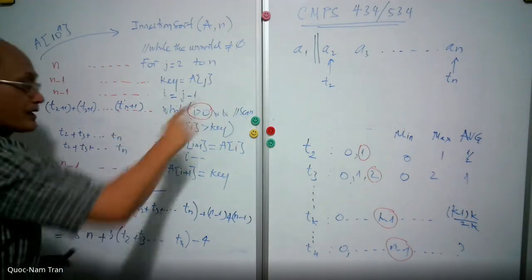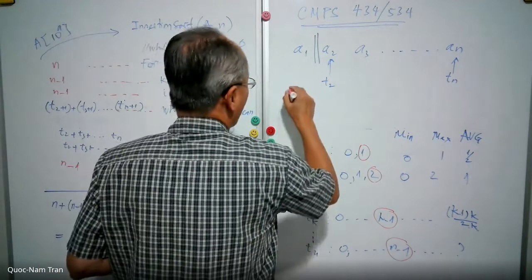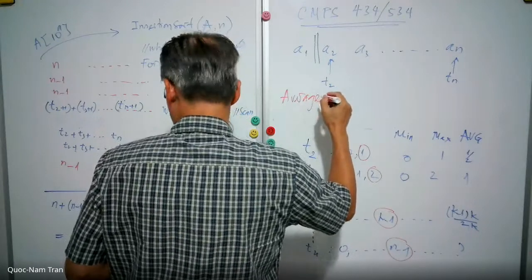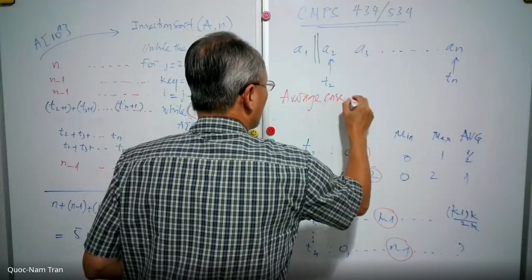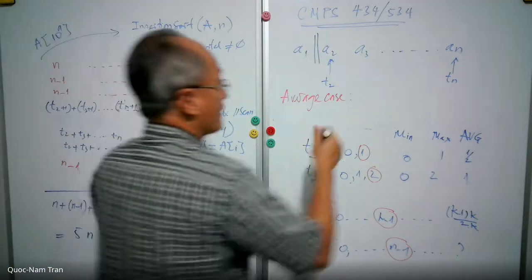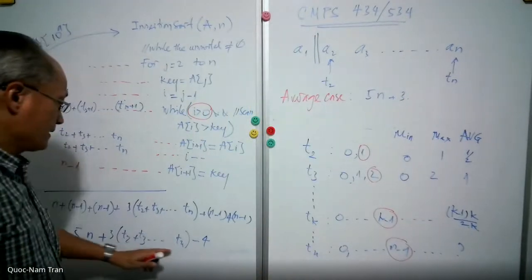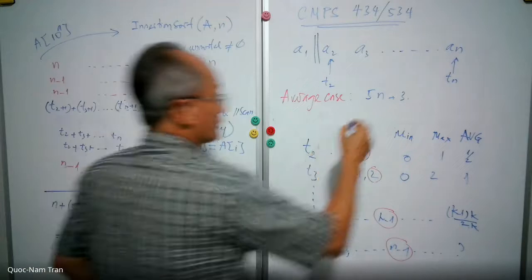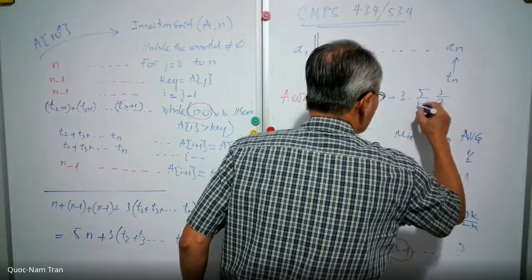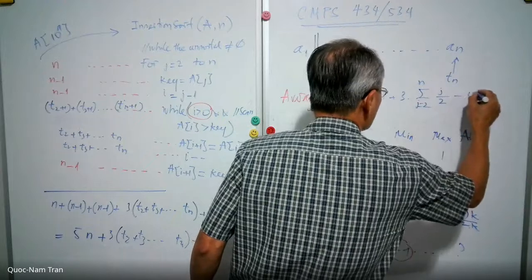This sum will become the average case, phi n plus 3 times the sum here of T2, T3, etc. The sum of j divided by 2 for j from 2 to n minus 4.